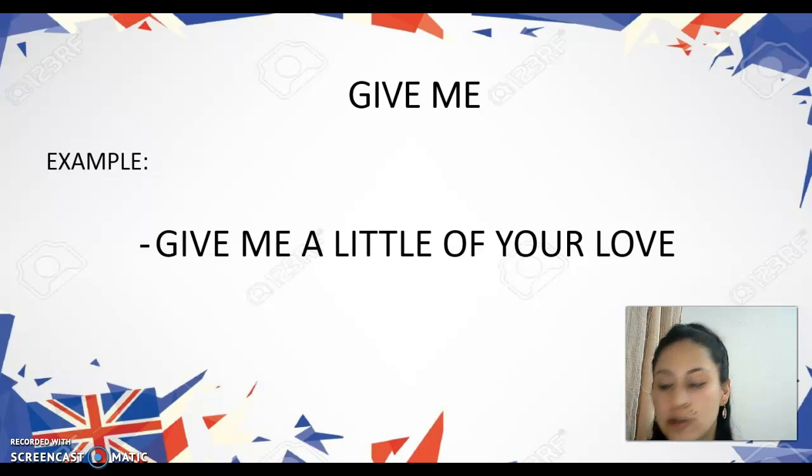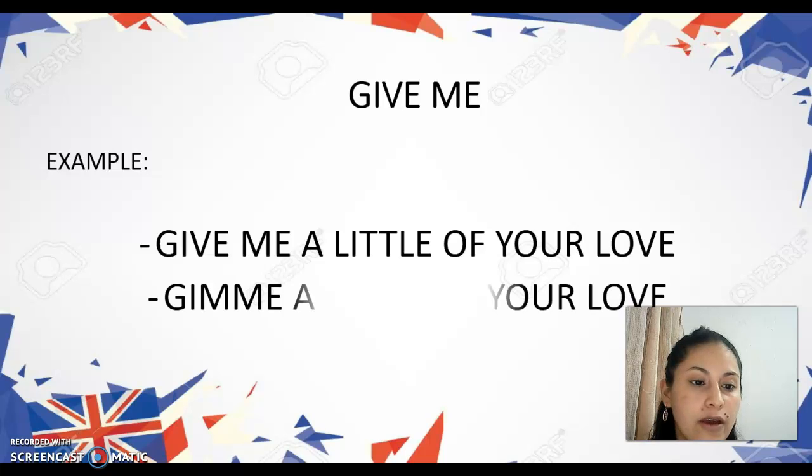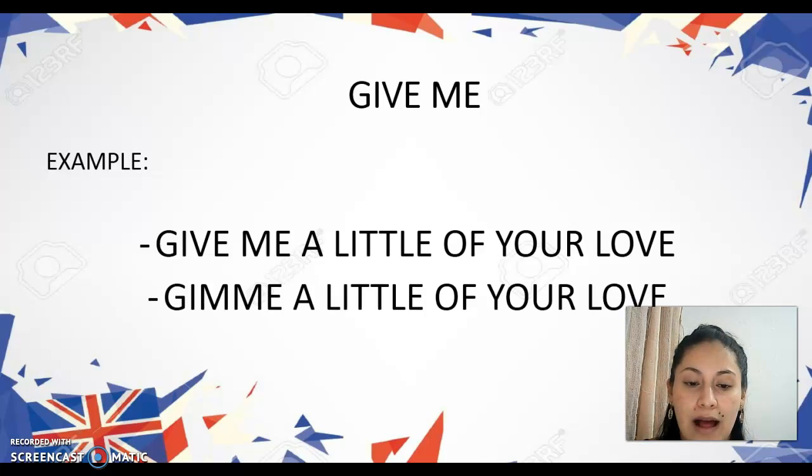With contractions, it follows: gimme a little of your love. Okay, this means that I join two words, "give" and "me", and it becomes "gimme".